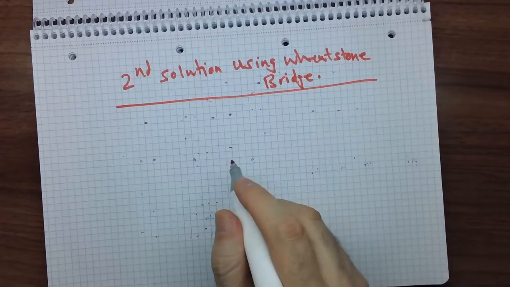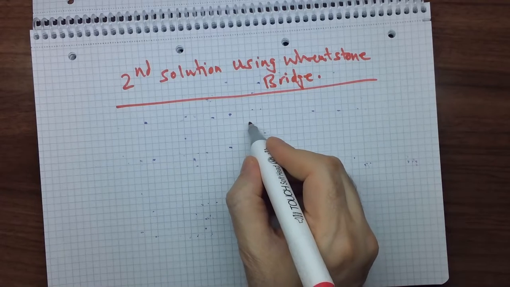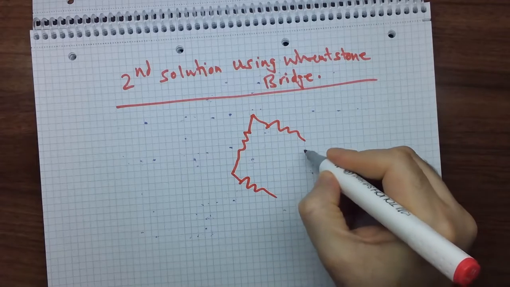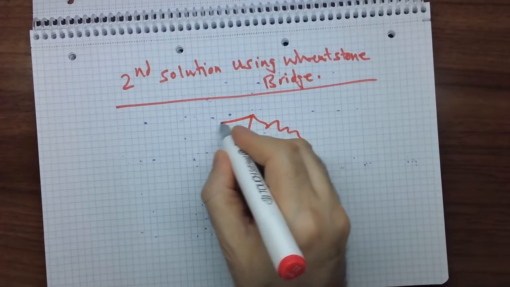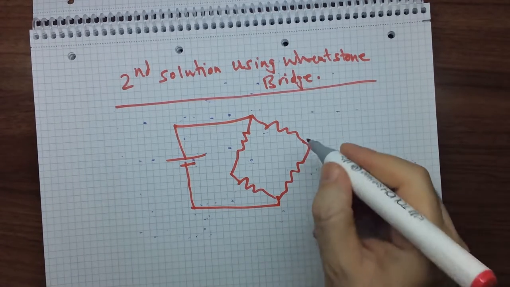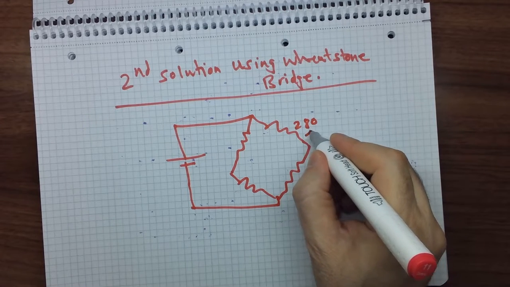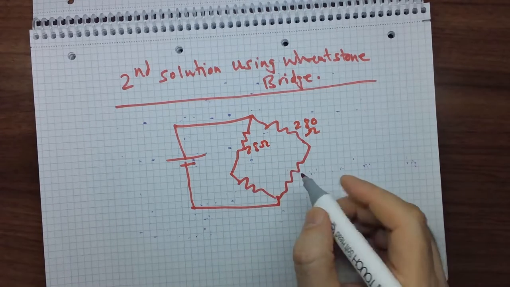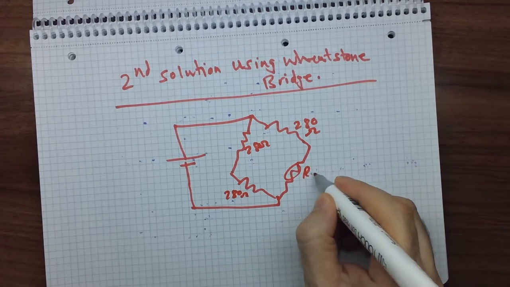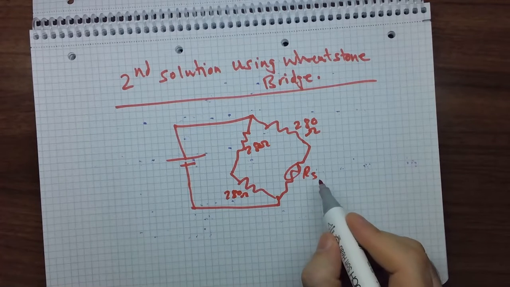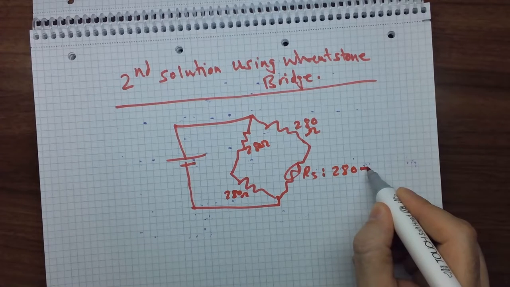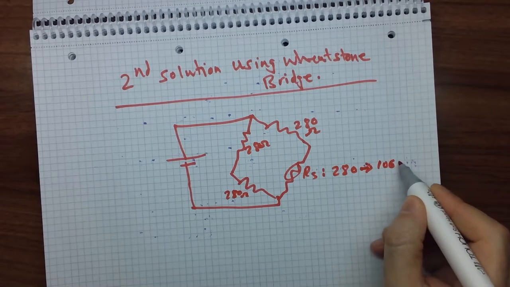Okay, the Wheatstone bridge here. This is the Wheatstone bridge, and we can put a supply voltage. This is a DC bridge. We can choose all resistances here to be 280 ohm, 280 ohm, 280 ohm, and here the resistance RS of the sensor, because the sensor range is from 280 ohm to 1060 ohm.